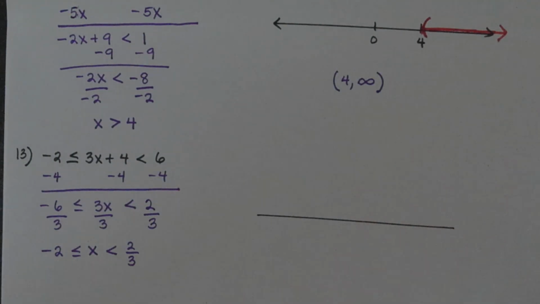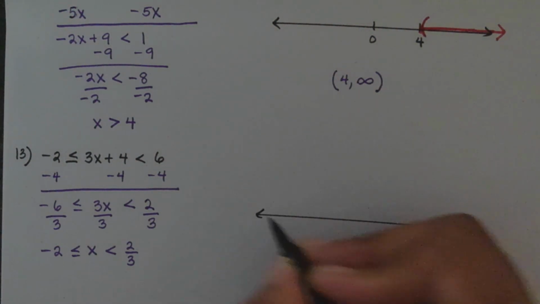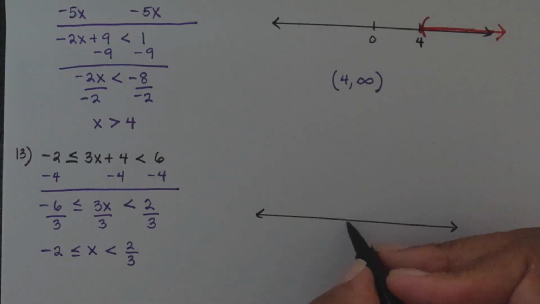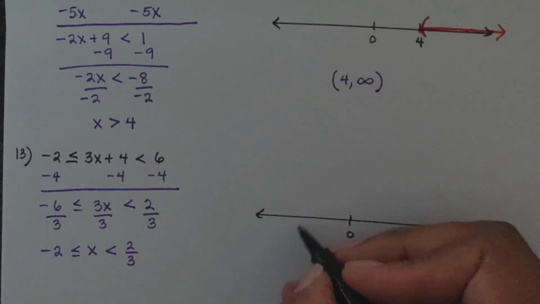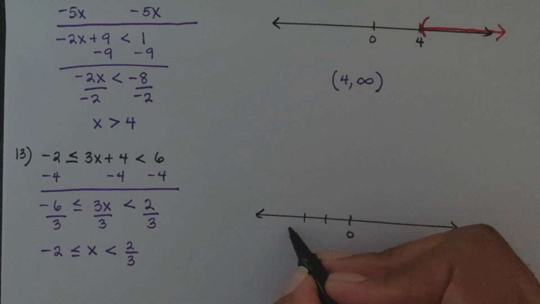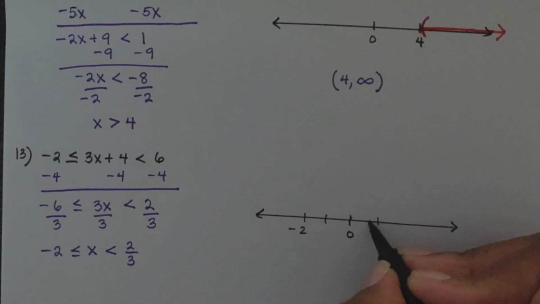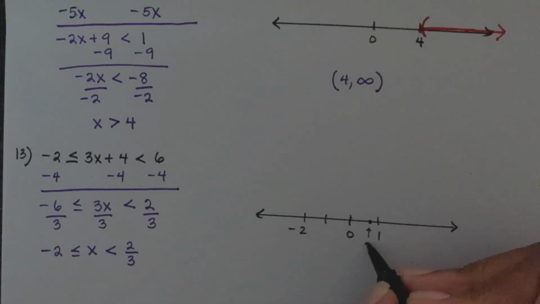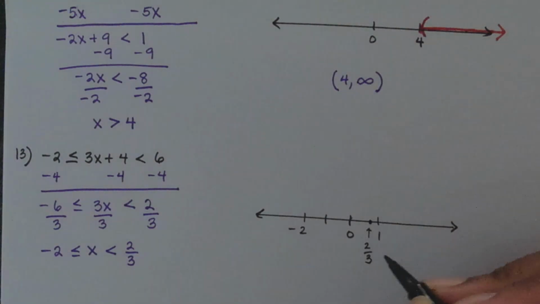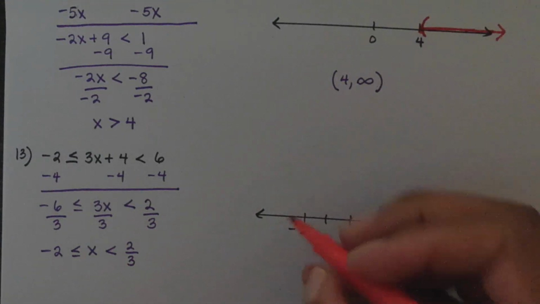And of course the graph. Say 0 is here. Is negative 1, negative 2. 2/3 is about right here. For the negative 2, do I need a bracket or parentheses? A bracket. And what about the 2/3? Parentheses.